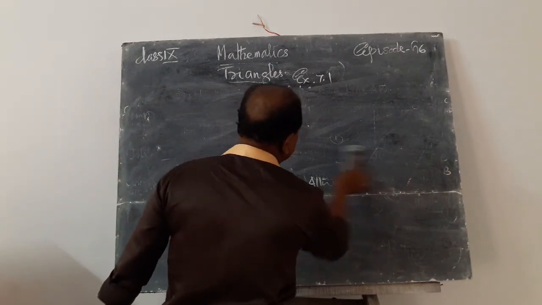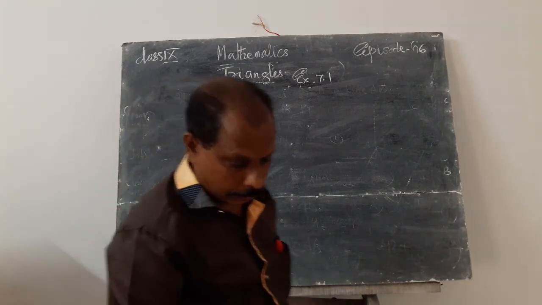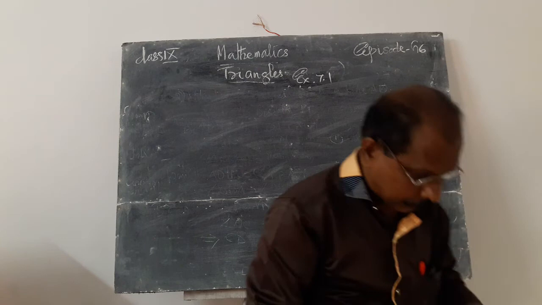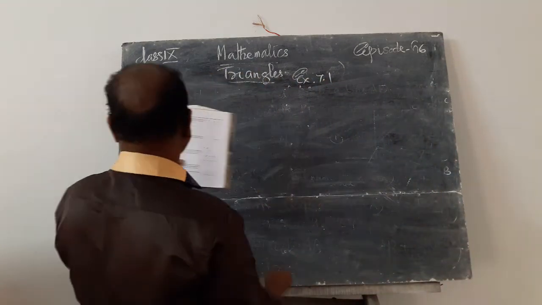In this case, we use the angle side angle criteria for congruency. Then, question number 4.